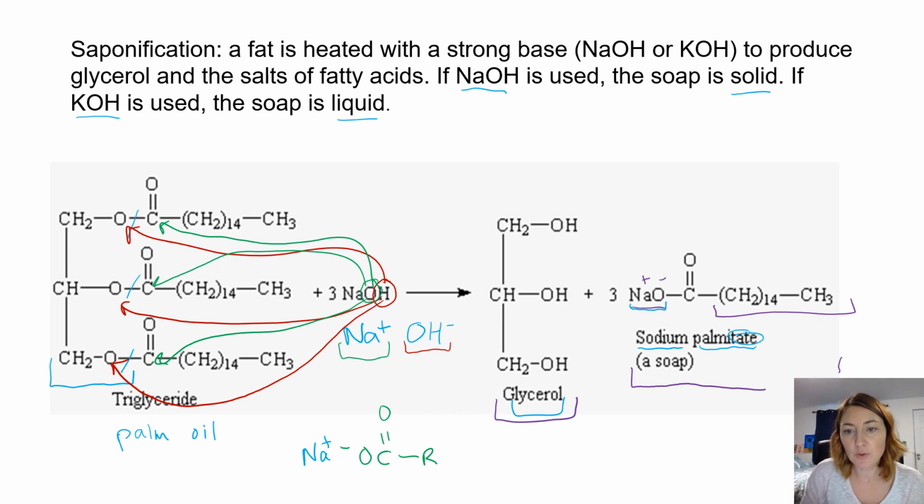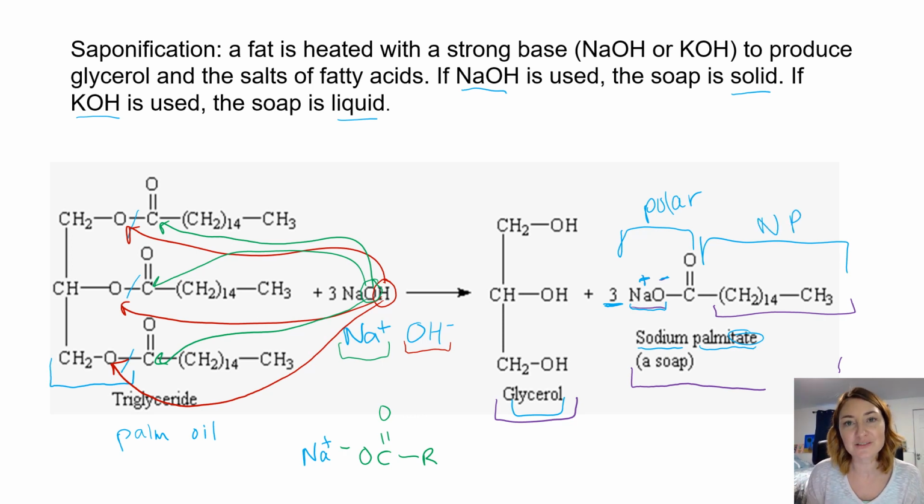So you wind up with glycerol, and if these are the same fatty acids, so this is a simple triacylglycerol, you can go ahead and use the 3 coefficient and just write this one time. Remember that for our purposes, we do like to show those charges, so it's okay to show that charge even though we don't usually have an ionic bond. So now we have a very polar carboxylate anion end with our metal, and we still have a non-polar end.